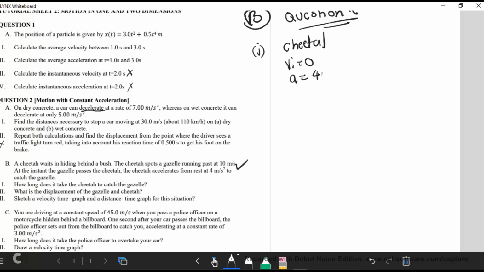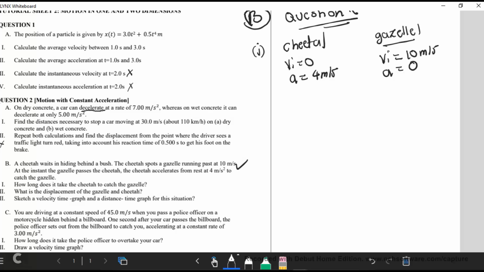It started from the acceleration, which is 4. How about the gazelle? The gazelle was moving at 10 meters per second, meaning the velocity was constant, so the acceleration is 0.